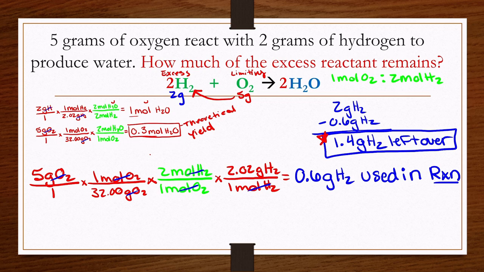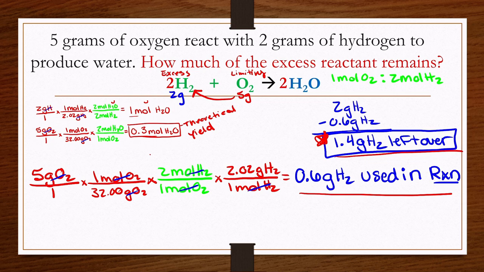This is how much I have remaining. All right, so this type of question can be really tricky. On the test, I could potentially ask you how much was used in the reaction, and in that case, this would be your answer. But if I ask you how much of the excess is left after the reaction stops, then this is definitely going to be your answer up here.